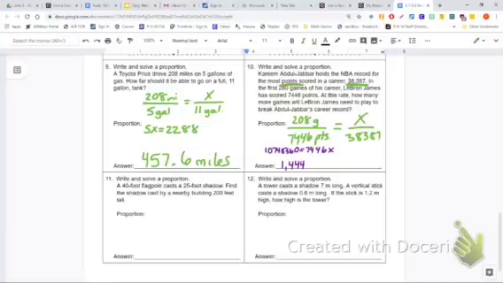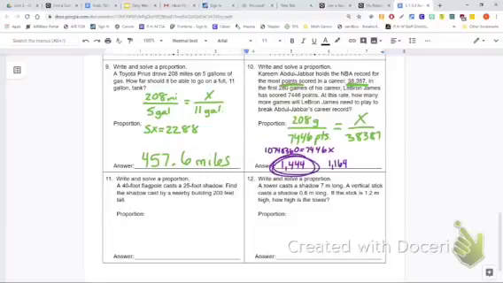Now, if you want to be picky about what the question actually is asking, they want to know how many more games he needs to play. And that actual answer, we have to subtract 280 games from the 1,444, and we get 1,164. But, ladies and gentlemen, have no fear, this is the answer I am looking for.